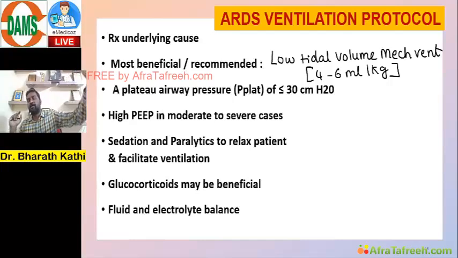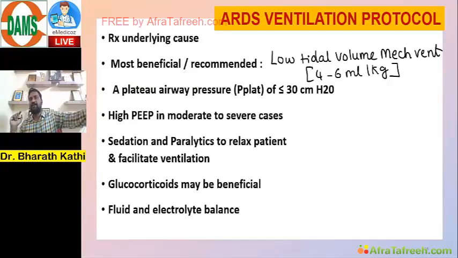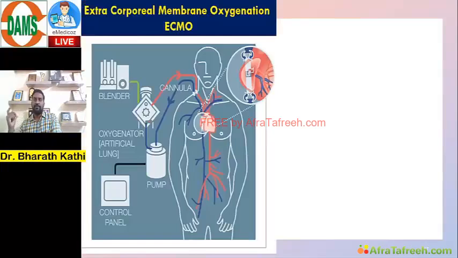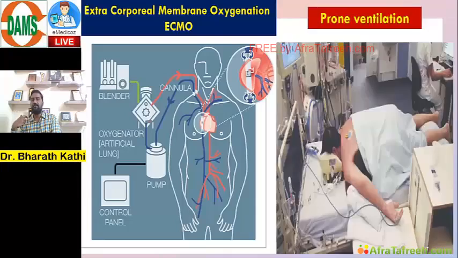You must know how to identify a patient in ARDS, and if it is ARDS, these are the things you should keep in mind when you have connected him to a mechanical ventilator. And you should know the rescue therapies in severe ARDS.